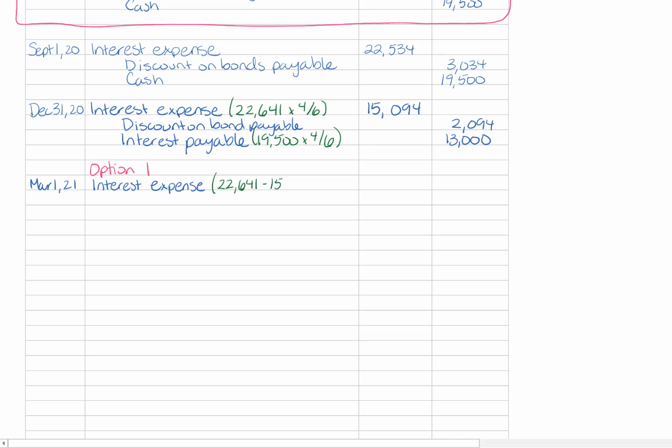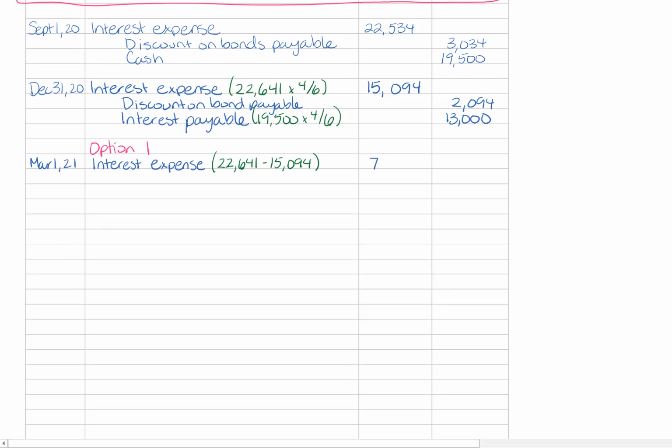So this time, instead of multiplying my interest expense amount by 2/6, I'm just taking the total amount and subtracting the amount I've already recorded at December 31st. And so my interest expense is $7,547. And again, you could still multiply this by 2/6 and you will get the same amount. My interest payable account, I'm going to debit for the full $13,000 because I'm clearing out that account.